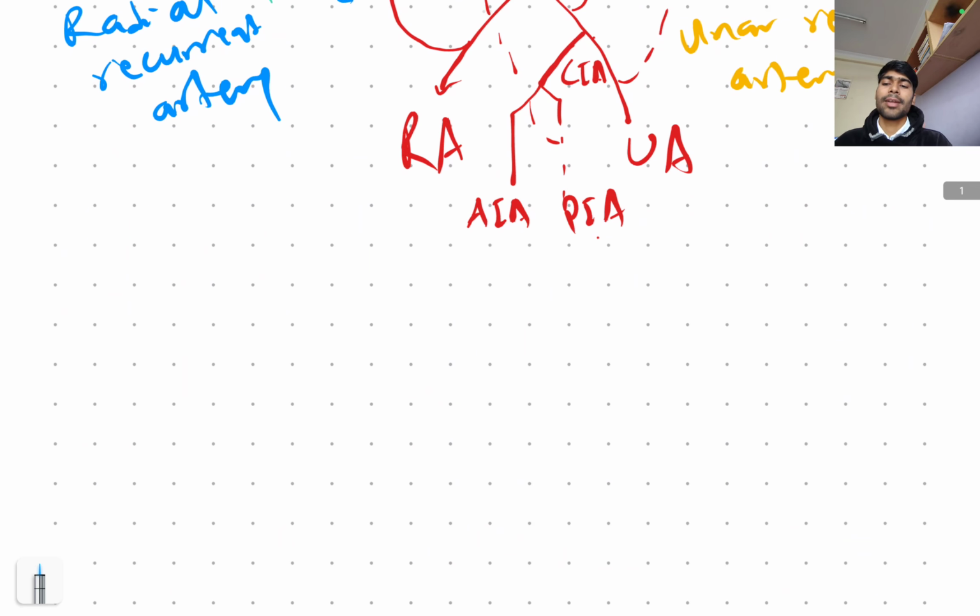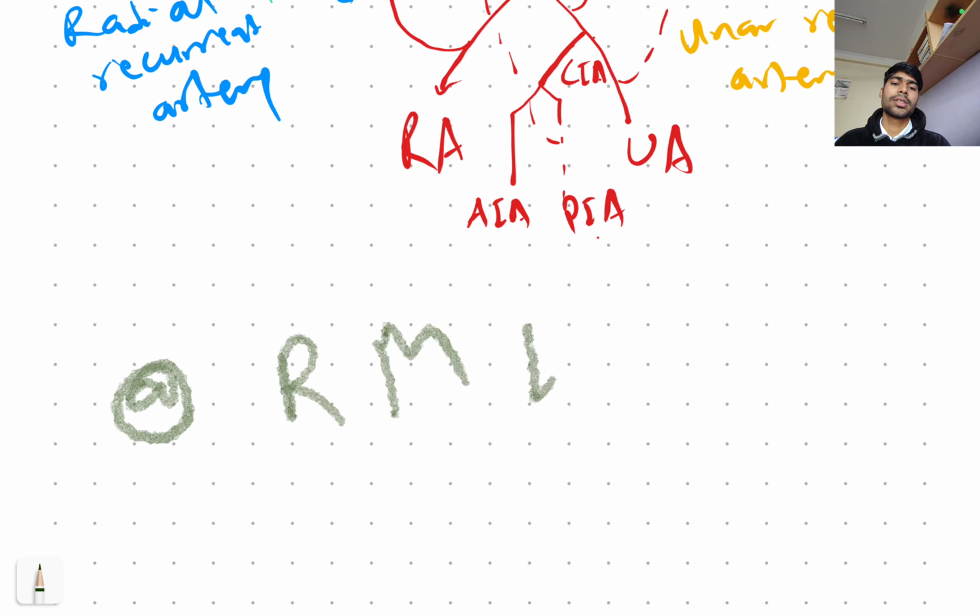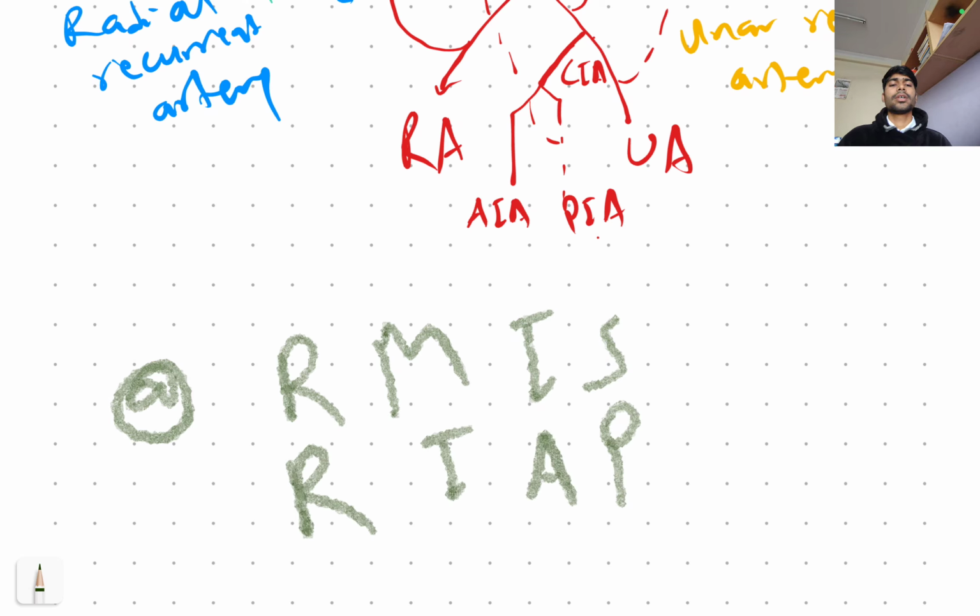And one mnemonic can be remembered, that is "Armis pair". So how will this mnemonic help?